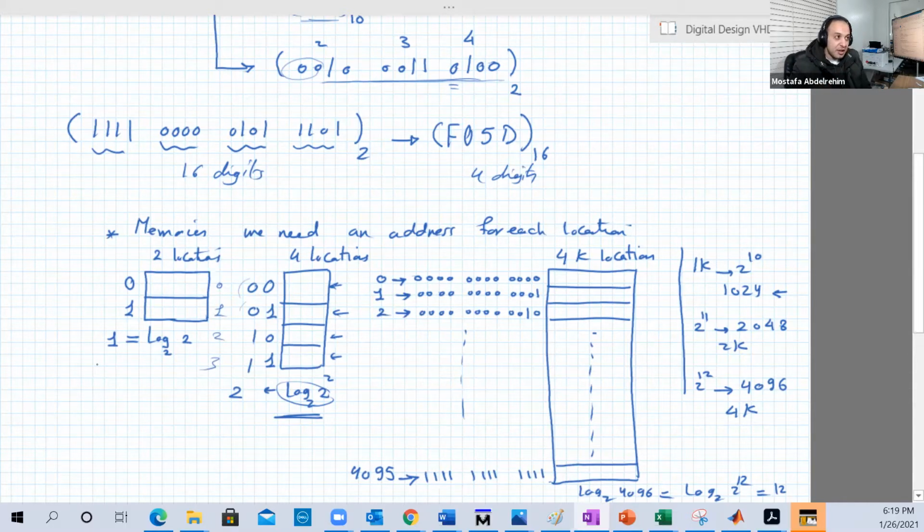Good. So basically in memories, we need very big binary numbers to represent each location. Here I'm talking about 4,000 locations. Just imagine your cache in your computer is 4 mega, or the RAM in your computer is in gigas, right?